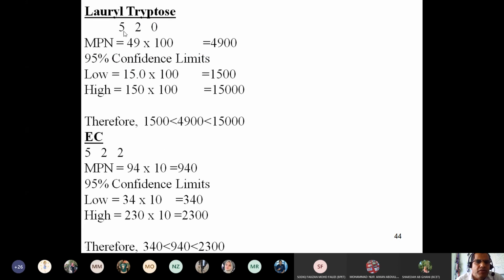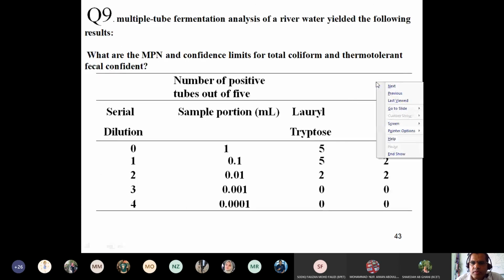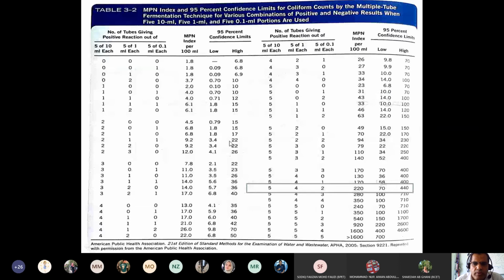Okay, we see here. Here I selected the first one, 520. So 520, this is 520, right? Right or wrong? So I have here 49, 15, 150.